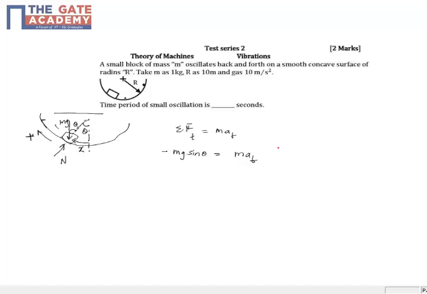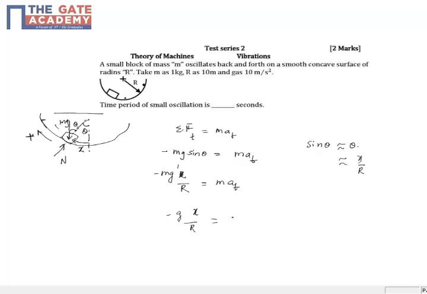For smaller oscillations, when theta is small, sine theta is theta. Also, in a circular motion for small theta you can write x equals r theta, so theta is x by r. So sine theta can be replaced by x by r. The m gets cancelled, and you get minus g x by r.